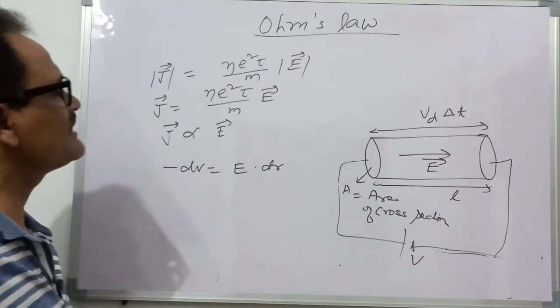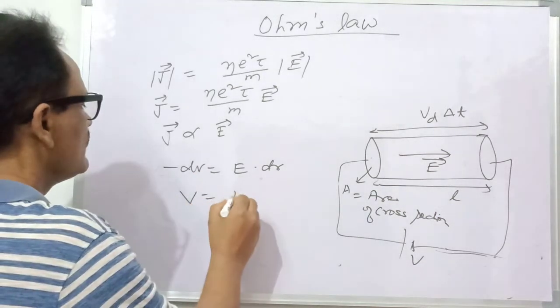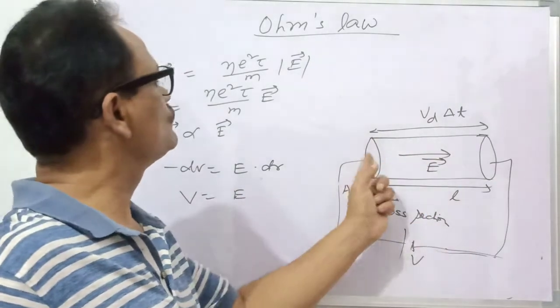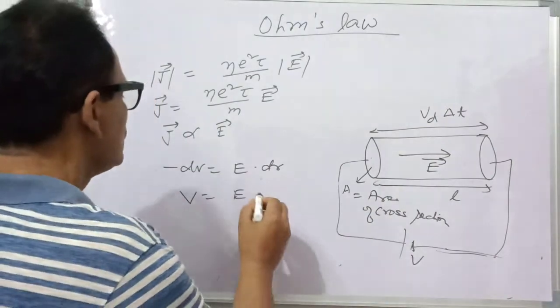So V is the potential difference, E is the electric field, and dr is the length between these two areas of cross section, and this is the L.